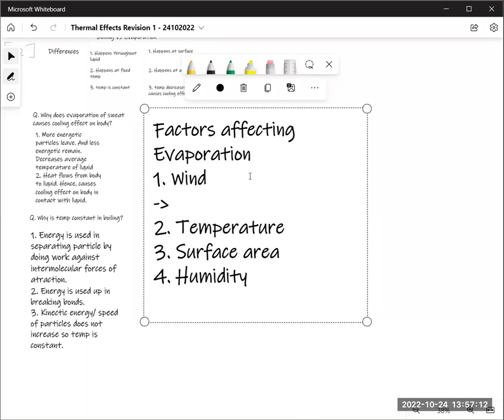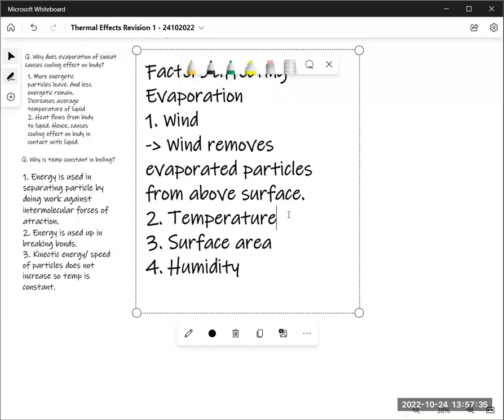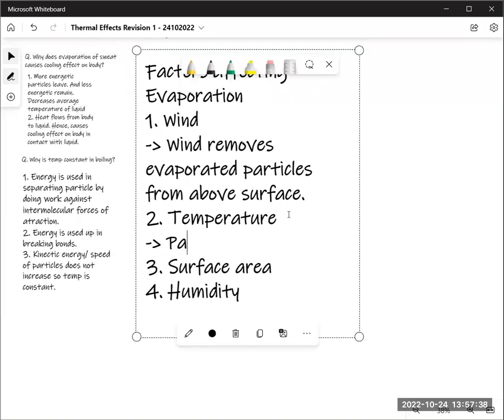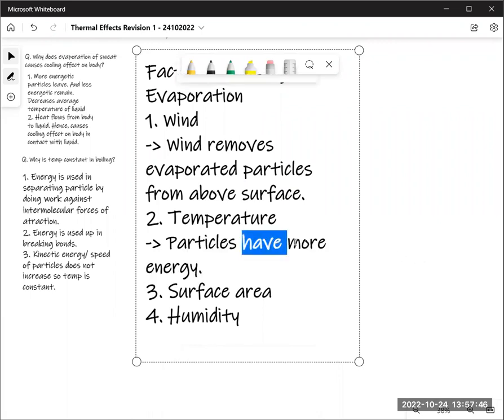Wind. What does wind do? How does wind cause increase in evaporation? Wind removes particles. Temperature: particles have more energy, more kinetic energy to escape.